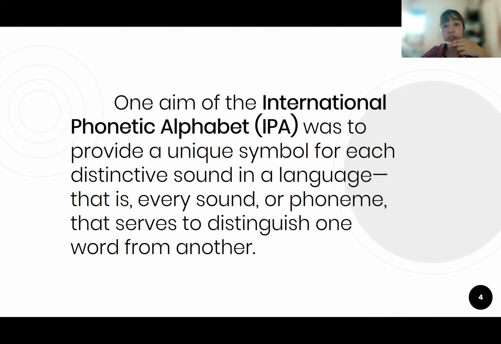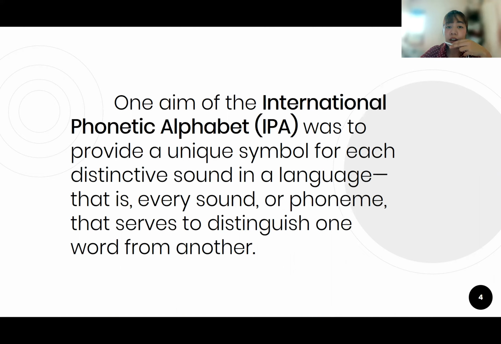So the significance of your IPA, in other words, is to enable you to tell the difference between the sound of each letter, for example, or each sound in a certain language like English. So in order to make reading or pronouncing words easier, we make use of the IPA.